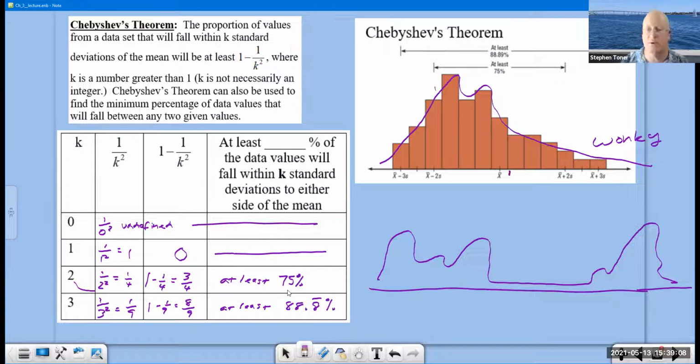So if you go 3 standard deviations out to either side of the mean, regardless of the data set, you're going to get almost 90% of the data falling within 3 of those standard deviations, just like I showed you on the previous screen.